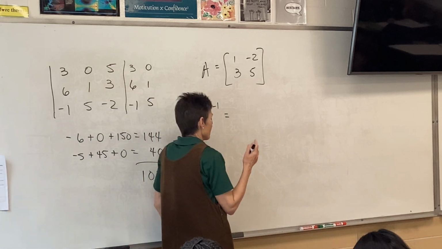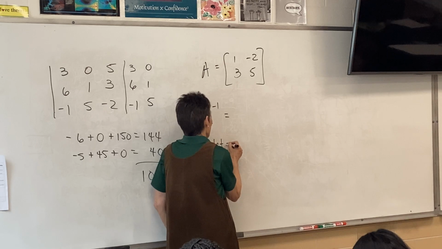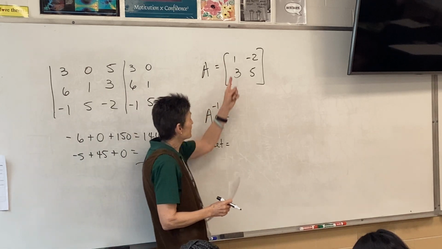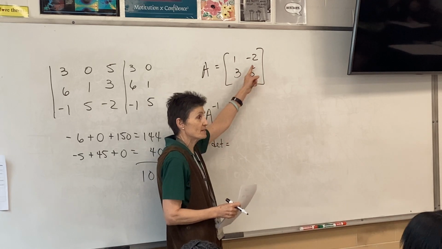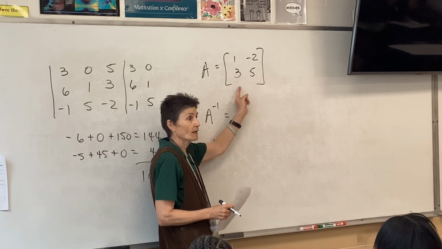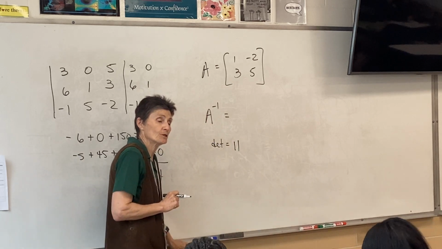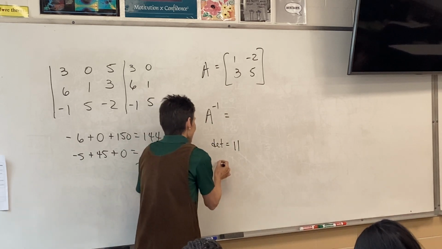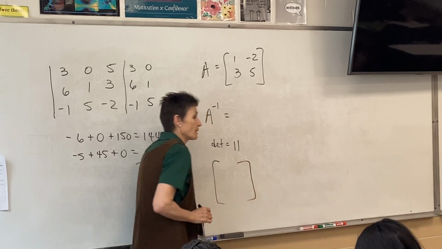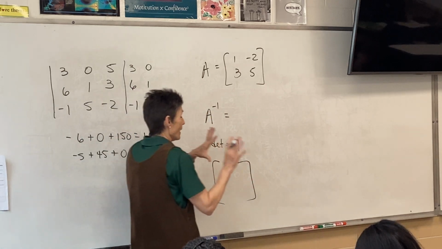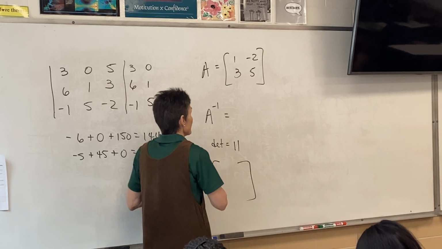Two steps. First step is find the determinant. Well, we already practiced that. What's the determinant of this matrix? 11. All right, so just hang on to that number for a minute. We're going to use it in a second. Second step is build a new matrix by making a couple changes in the original.